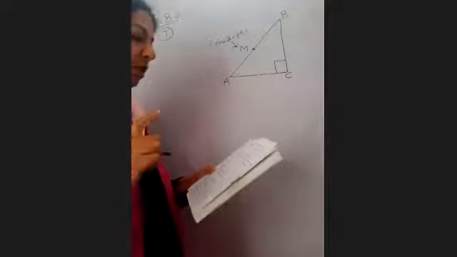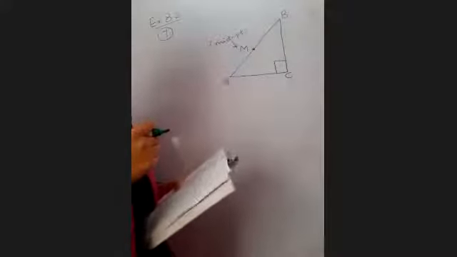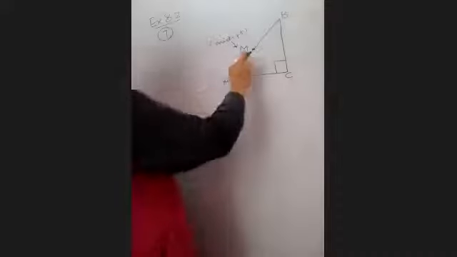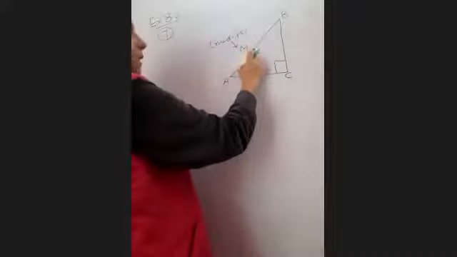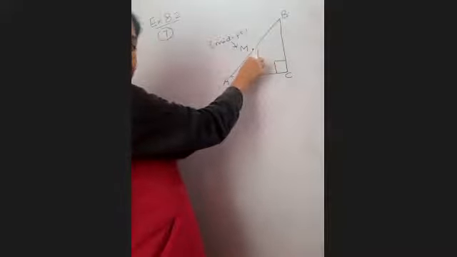Now a line is drawn through this midpoint M parallel to BC, and it intersects AC at D. A line is drawn through M parallel to BC like this.